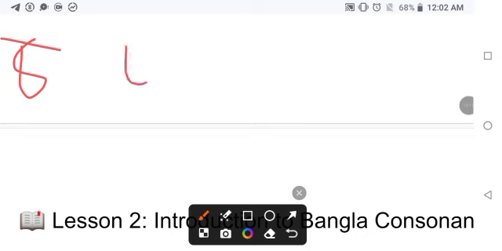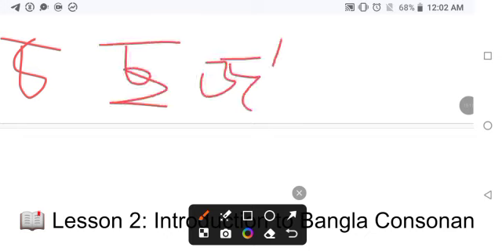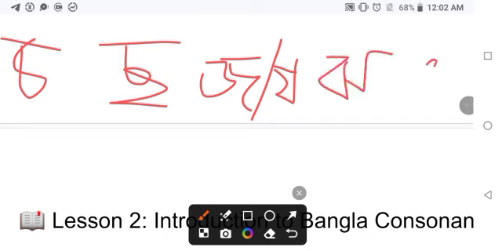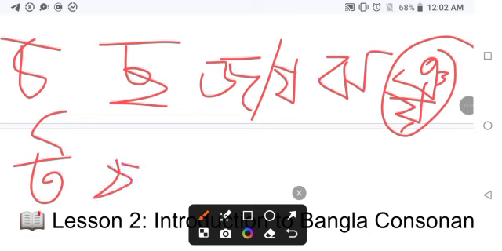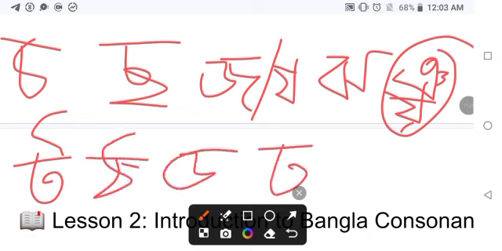Then we have cha, cha, ja. This one is 2 ja. This is ja, and we have 2 for y. Then we have ta like tank, the deep version tha, da like d, the deep version dha, and we have 2 for n.